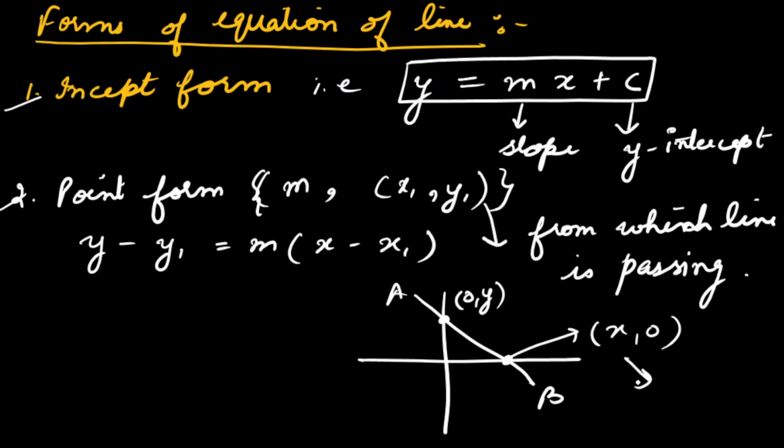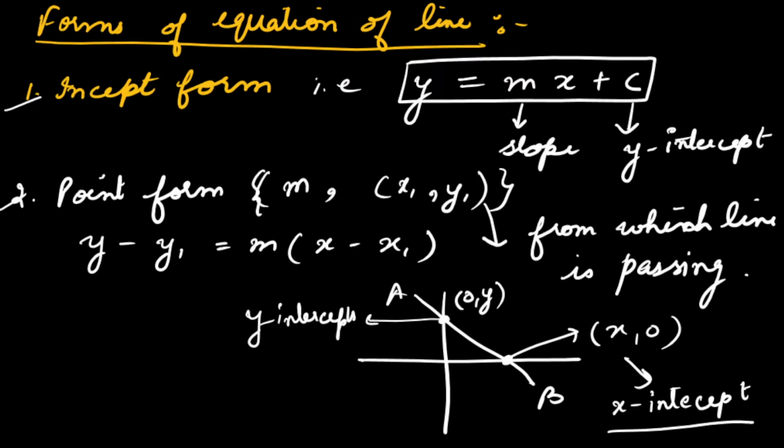The point where the line intersects the x axis is known as the x intercept, and the point where the line intersects the y axis is known as the y intercept. This is the meaning of intercepts.